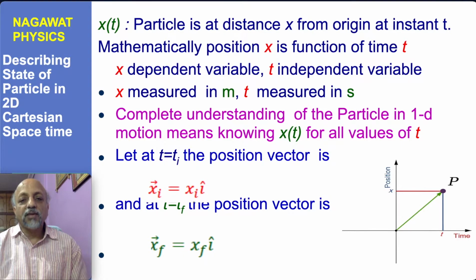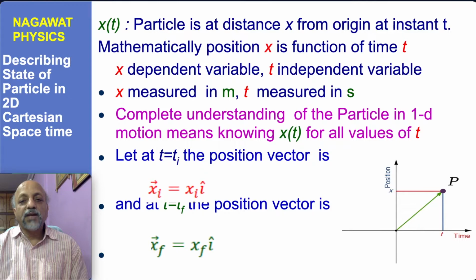And as described in the last talk, we can use the position-time 2-dimensional Cartesian plane to describe the position of the particle at a point p by using x at that particular point. Since x will be changing at different instants of time, we can understand x to be the dependent variable and t to be the independent variable, and we say that to every instant of t we assign a function called x, which will have a value that is a real number but a vector quantity, so there would also be an associated sign.